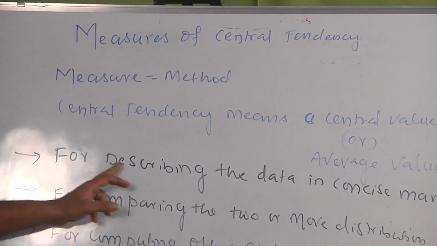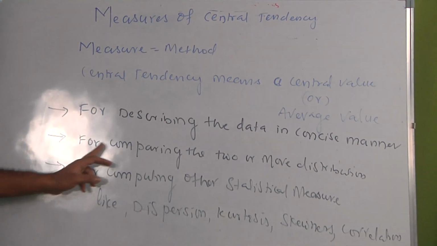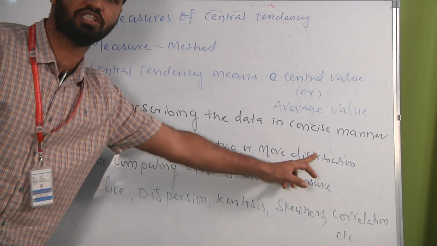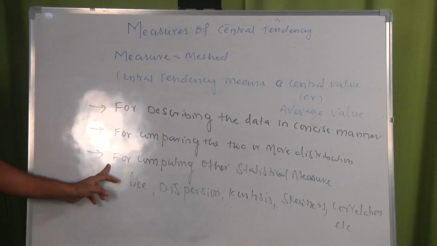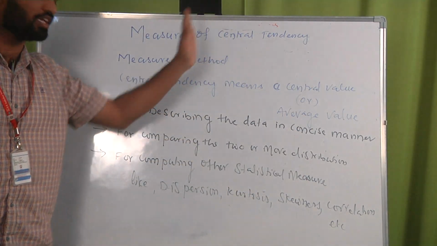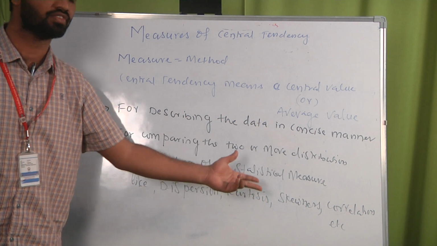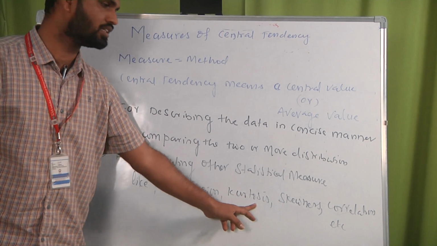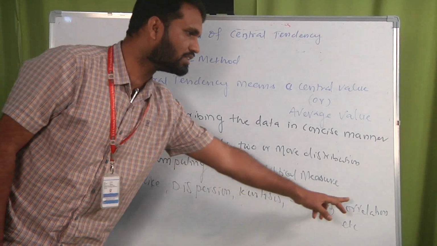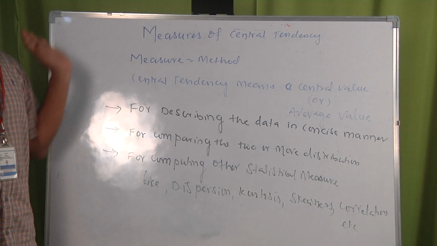One is for describing the data in a concise manner. Second is for comparing two or more distributions. Third is for computing other statistical measures, like dispersion, which is nothing but spread or variation. Next kurtosis, skewness, correlation, quotient, etc. This is the use of measures of central tendency.